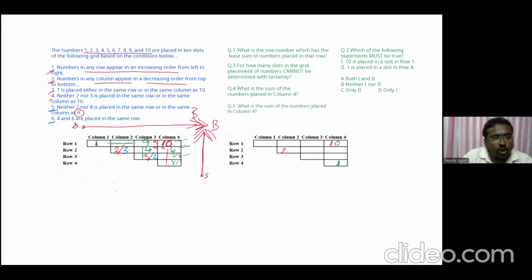Therefore, this 9 is not possible. And therefore, we can move to the next point. As of now, 2, 3 are fixed and 3, 2 are fixed, and this 9 is violating the condition. Therefore, it can be taken out.